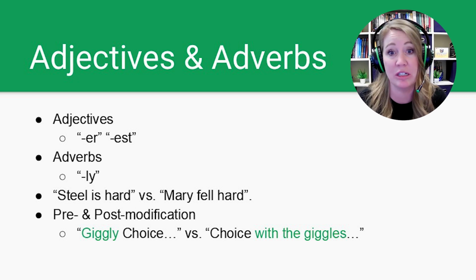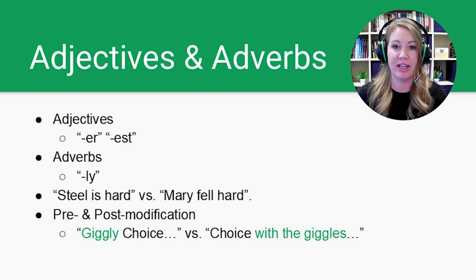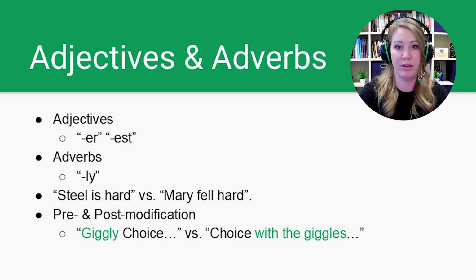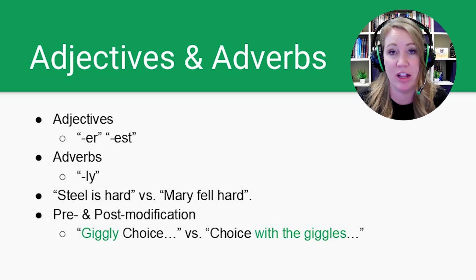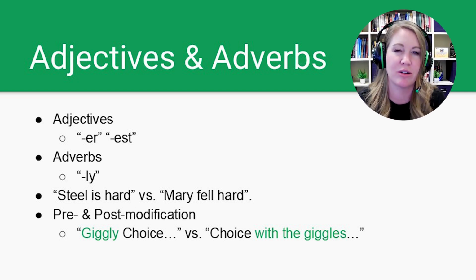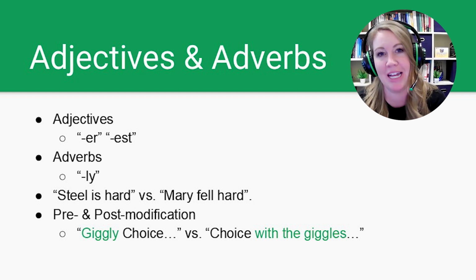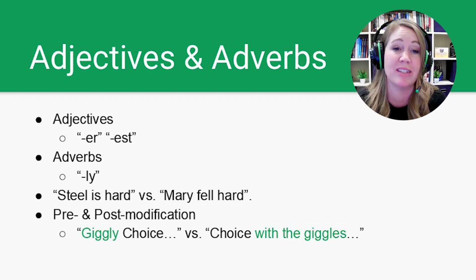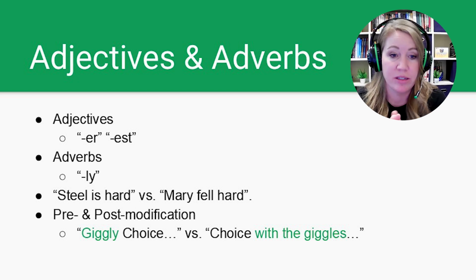With the subject steel. However, in Mary fell hard, hard functions as an adverb, modifying the verb, which is fell, right? So that's not a copular verb. So syntax is crucial in distinguishing between adjectives and adverbs, especially since both can take comparative forms like harder or hardest, right?